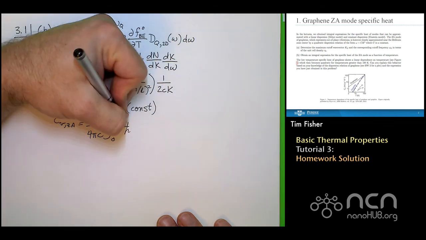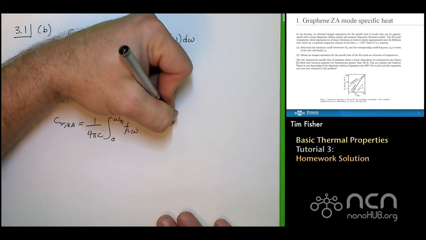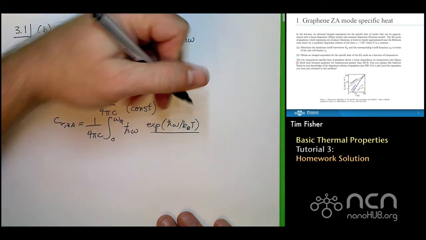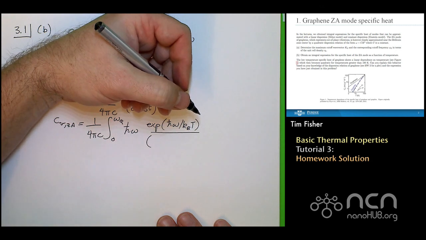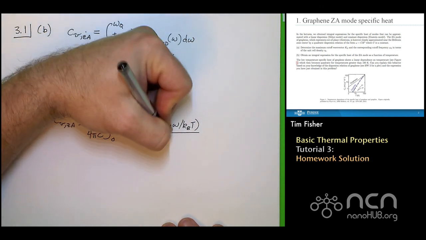I'm just going to write out all of the terms where we're doing that expansion of the temperature derivative of the distribution function. We've done that. We've shown that in lecture.